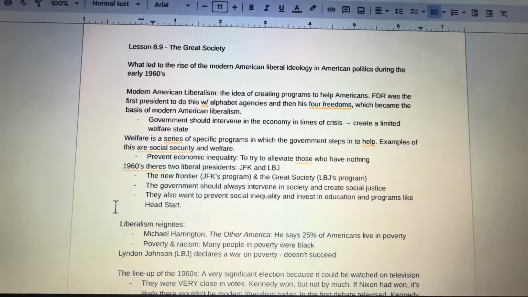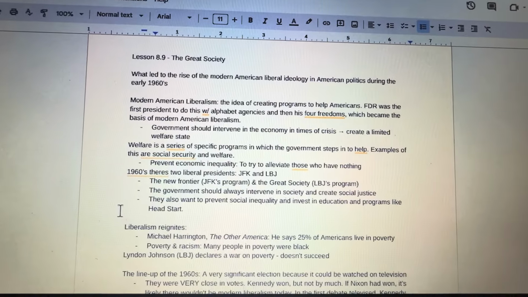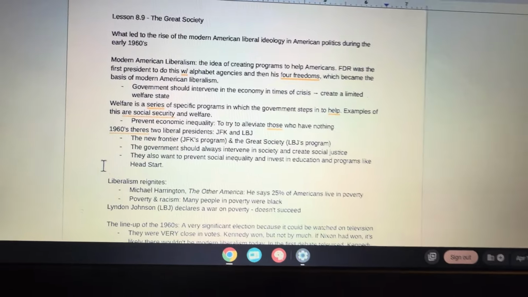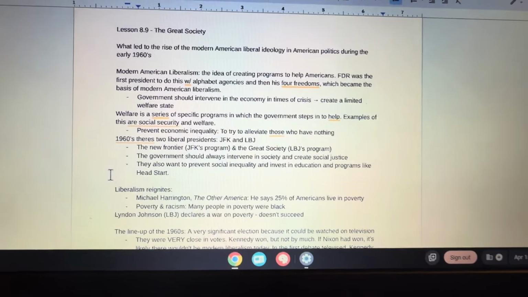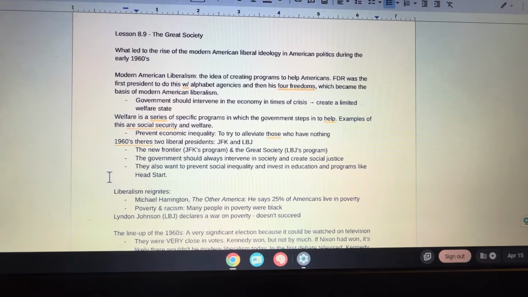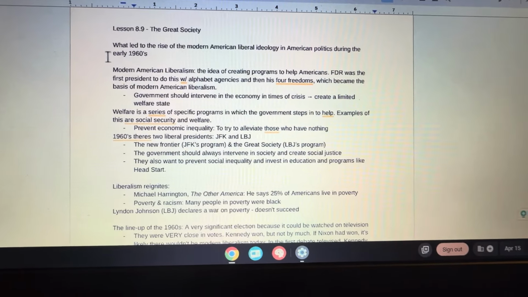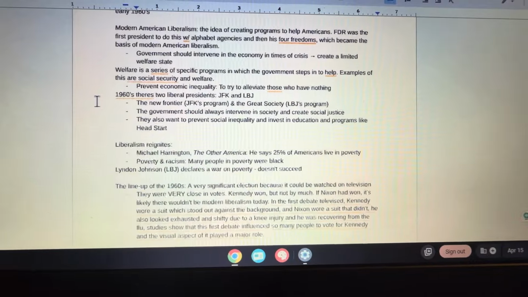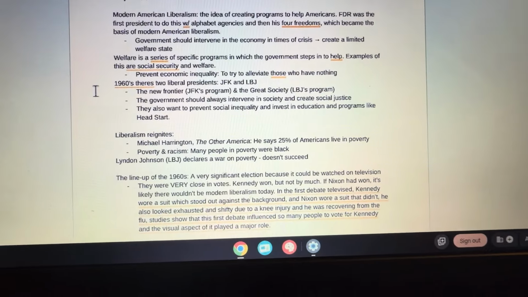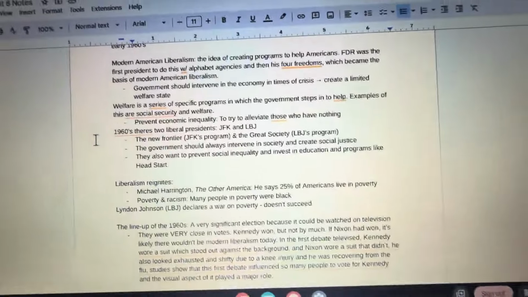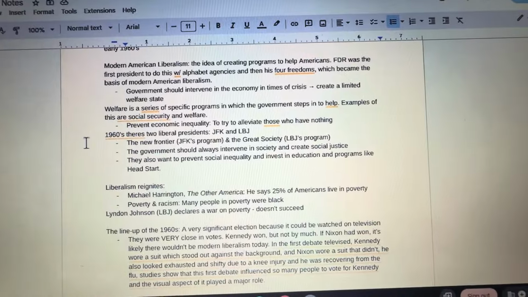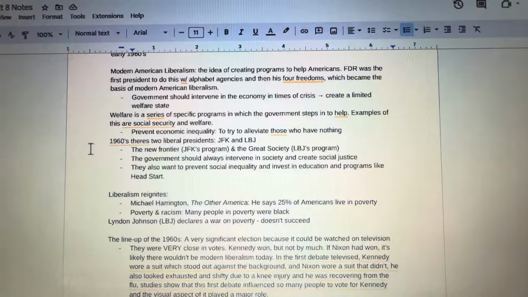Welfare is a series of specific programs in which the government provides aid. Examples of this are Social Security and welfare and Medicaid, Medicare, food stamps. The goals were to prevent economic inequality, so to try to alleviate those who have nothing.